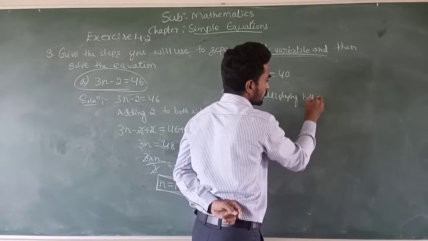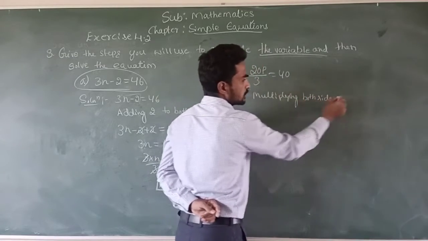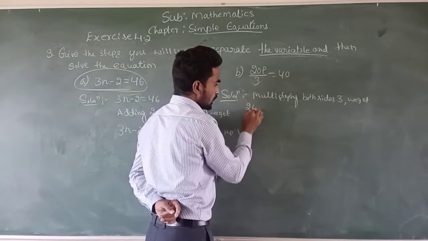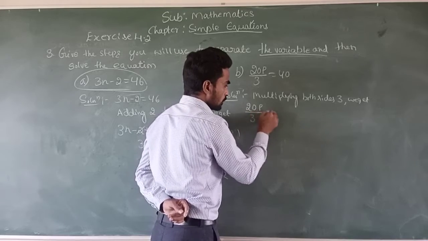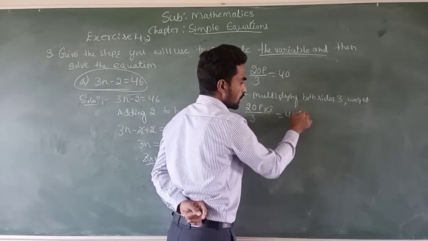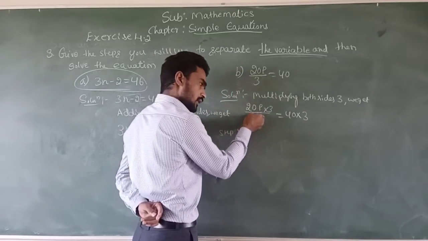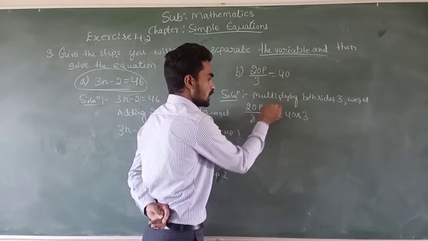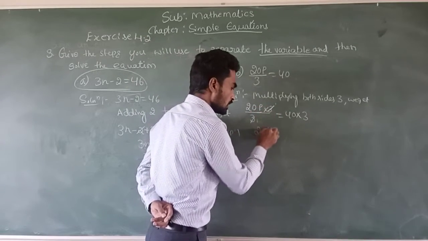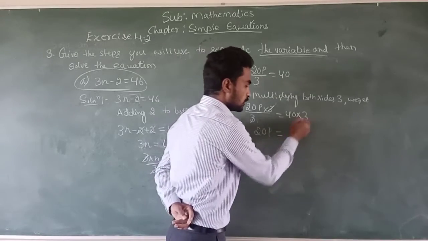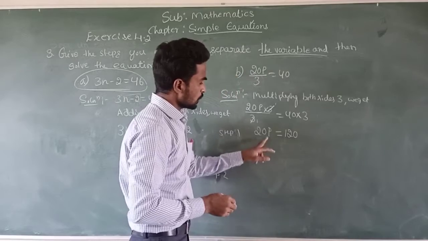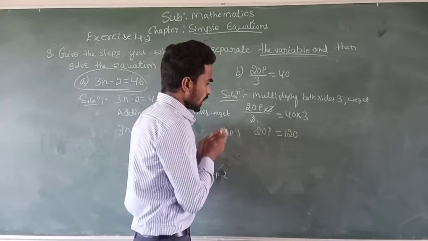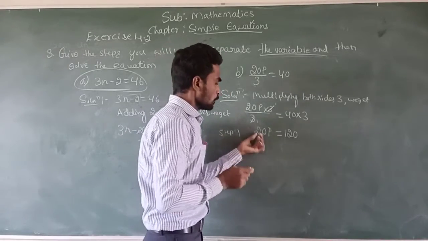Therefore we can multiply both sides by 3, we get 20p divided by 3 into 3 is equal to 40 into 3. Here the denominator has 3, the numerator also has 3, both will be cancelled out. 3 ones are 3, 20p into 1, again we get 20p, which is equal to 40 into 3, 120. This is step 1. Now 20 is multiplied to the variable p. Now we can separate this variable p from 20.